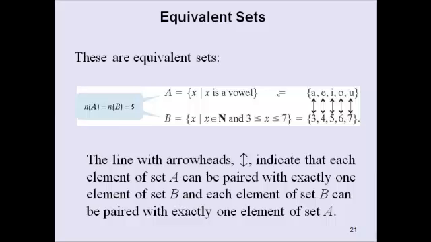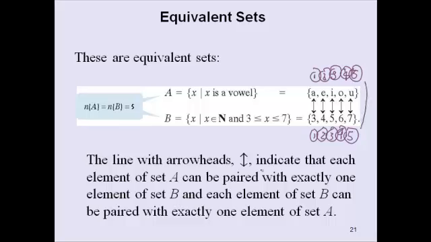So A is a vowel: A, E, I, O, U. That's 1, 2, 3, 4, 5 different elements right there. And B is a natural number greater than or equal to 3 and less than or equal to 7, which also has 1, 2, 3, 4, 5 elements. So the cardinal number is exactly the same.